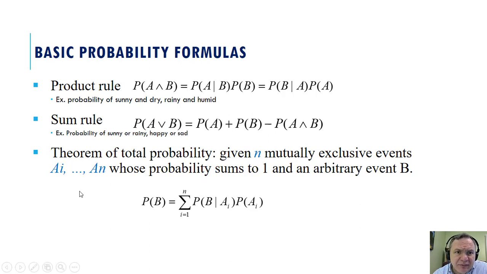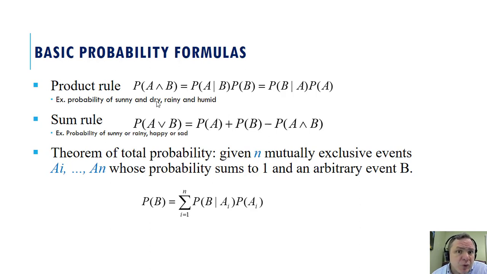As you see, we have first here the product rule, which is about the probability of co-occurrence of two events. So we have event A and event B. What is the probability of seeing both of them occurring together? We can think about event A as, for example, sunny, and event B being dry. In this case, obviously A and B are not mutually exclusive.